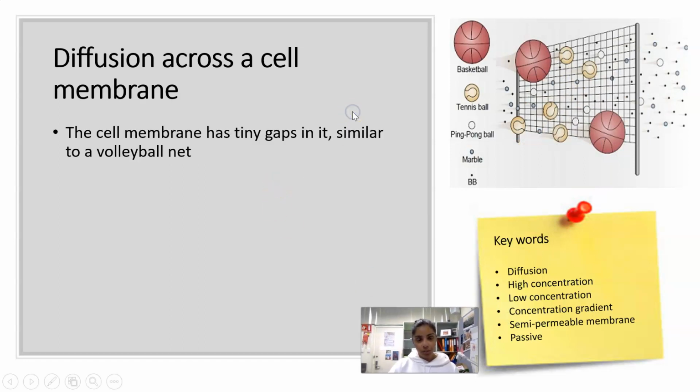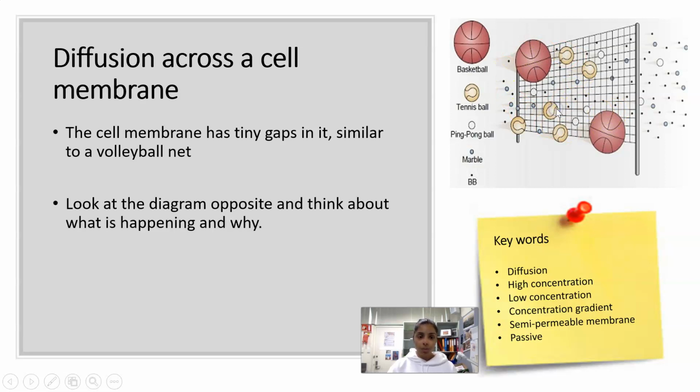Just as a challenge for you here, let's look at this image of a volleyball net. What we've got is different balls of different sizes. We've got a basketball, tennis ball, ping pong ball, marble, and a ball bearing. Some of these balls, when thrown at the net, will pass through to the other side, and some of them are inhibited, so that means that they cannot get through.